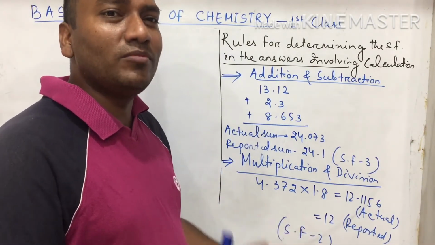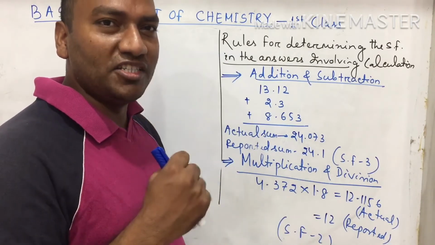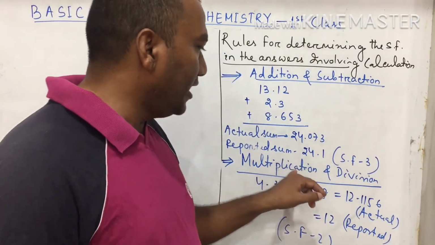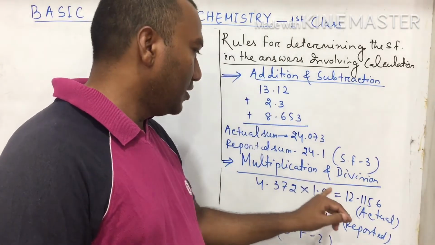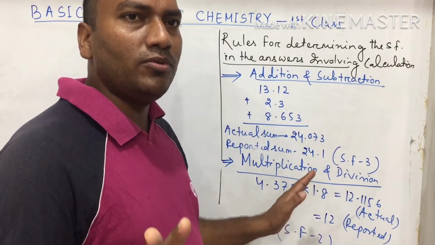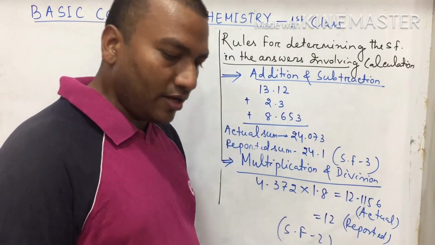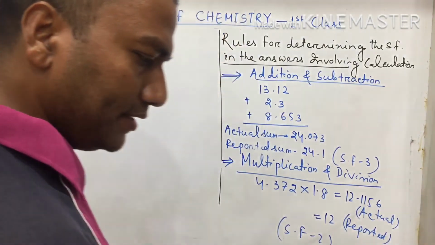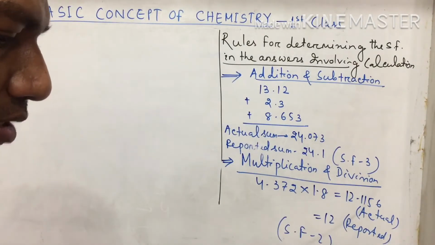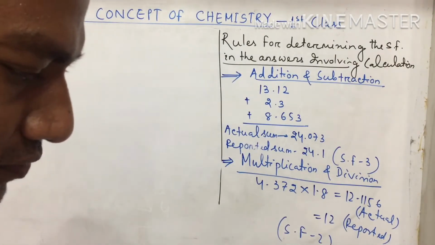But how can 12 be rounded to 1 digit? It is not possible. So in multiplication and division, an exact number is ignored. Clear now? This is the rule for addition, subtraction, multiplication and division.